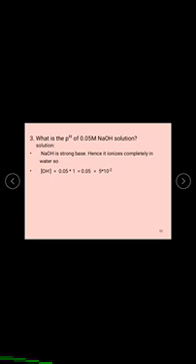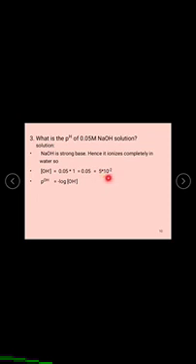So, we already know the expression: pOH is equal to minus log of the OH minus ion concentration.